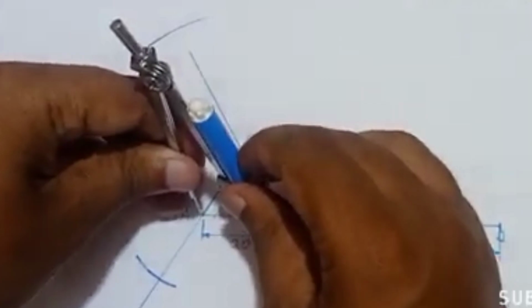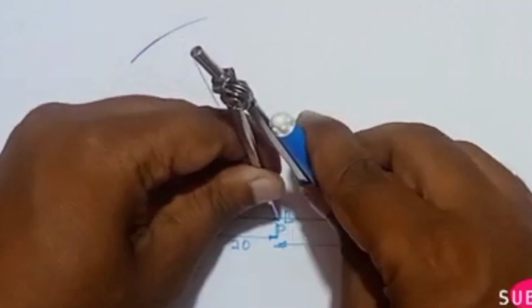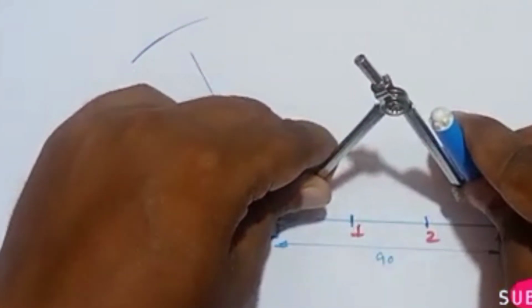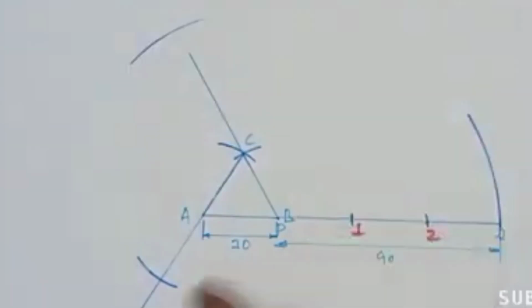Now I will measure from P to Q and just extend the arc so that it will be convenient to join that curve.